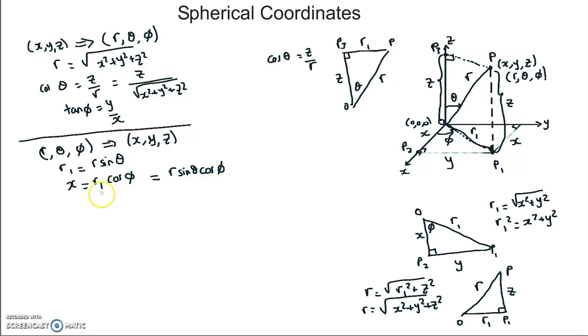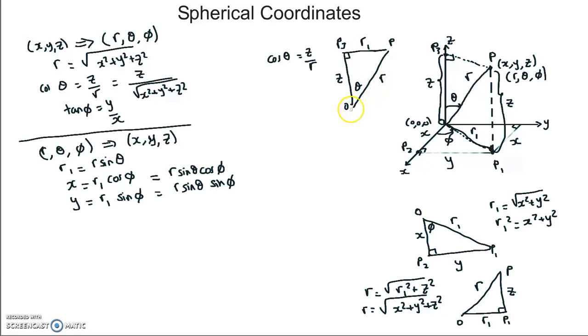For y, if we look at the triangle, y equals r1 sine phi, which equals r sine theta sine phi.